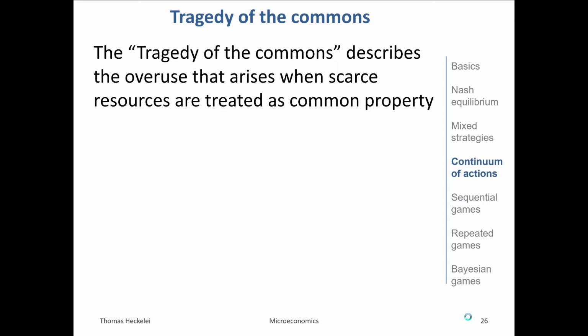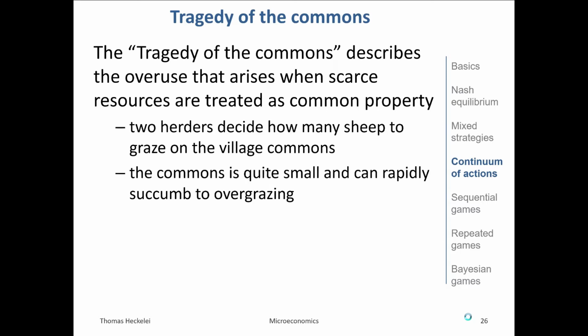For example, with environmental factors. So the story is there are two herders and they decide how many sheep to graze on a common area, grassland, for example, in the village.